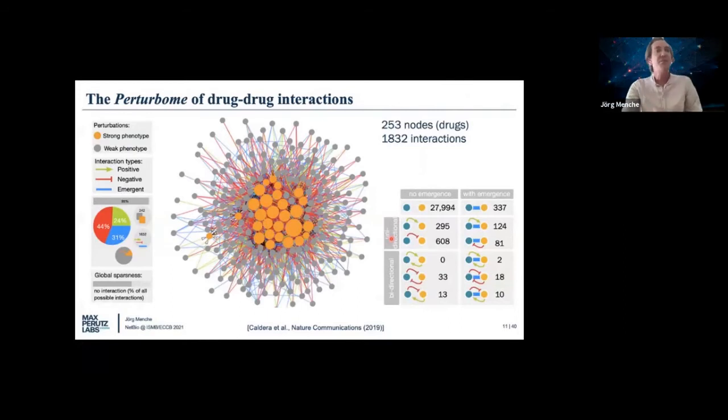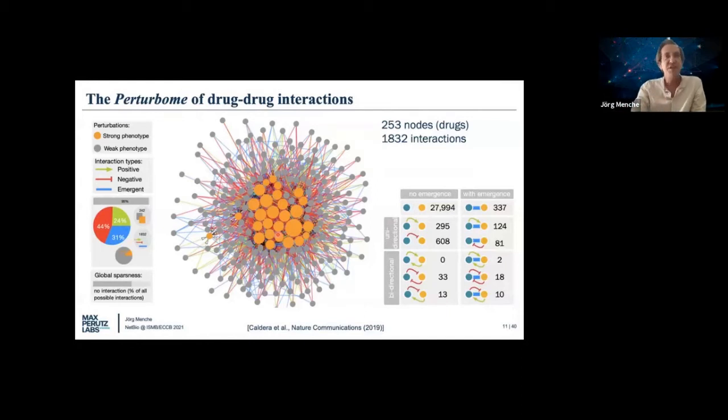Okay, so here's the result of applying all this vector-based framework to the imaging data set that we have. This is really a high resolution map. We came up with a silly name, Perturbome, of how drugs interact with each other on the cellular level. Here the nodes in this network represent drugs, and the edges correspond to their interaction.